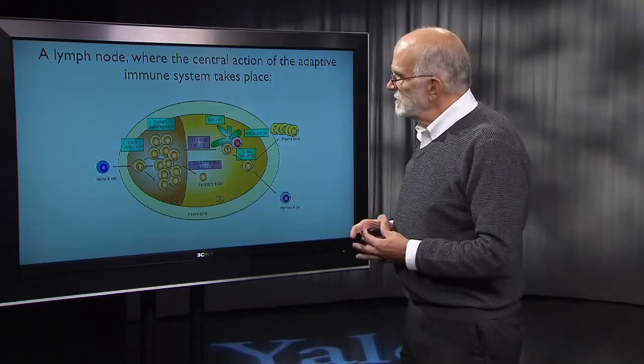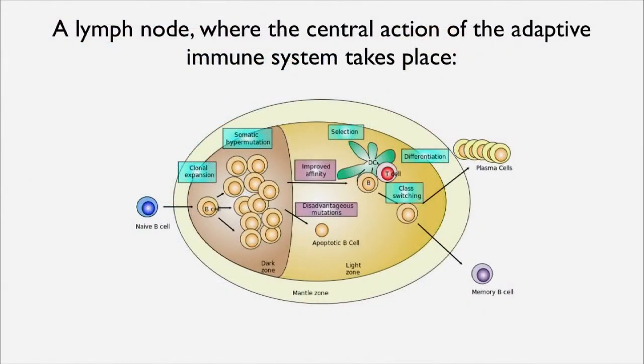So you should think of the lymph nodes as being places where natural selection and specificity of action are occurring. And that should also help you to understand why it is that when we get an infection, we feel swelling in our lymph nodes, because the thing that's making them swell is this rapid expansion of the particular B cells that are being recruited to deal with that specific invader.